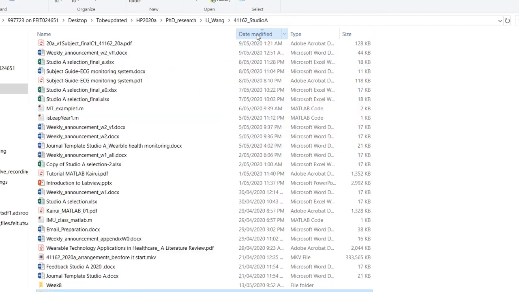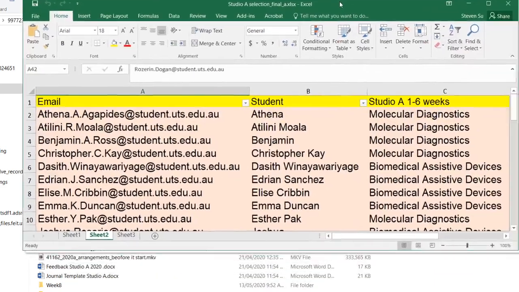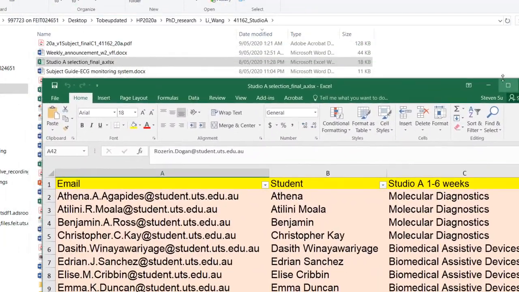So I just put a link about how to install a separate toolbox, and you can find the installation guide there. Okay, great. Thank you. All right.